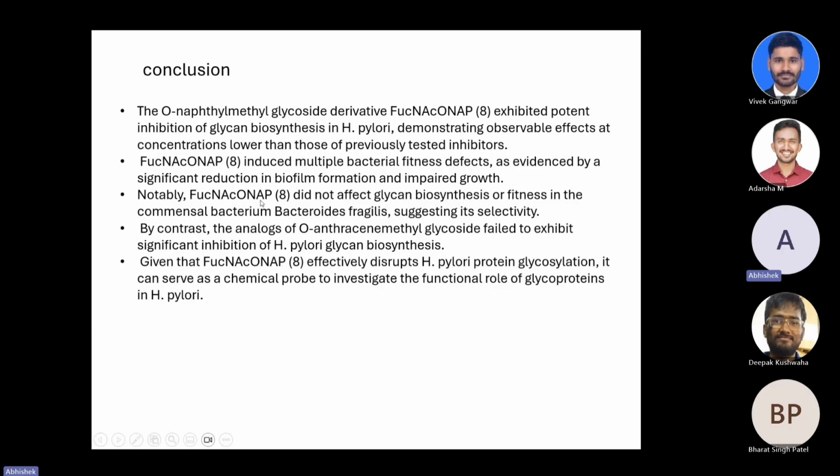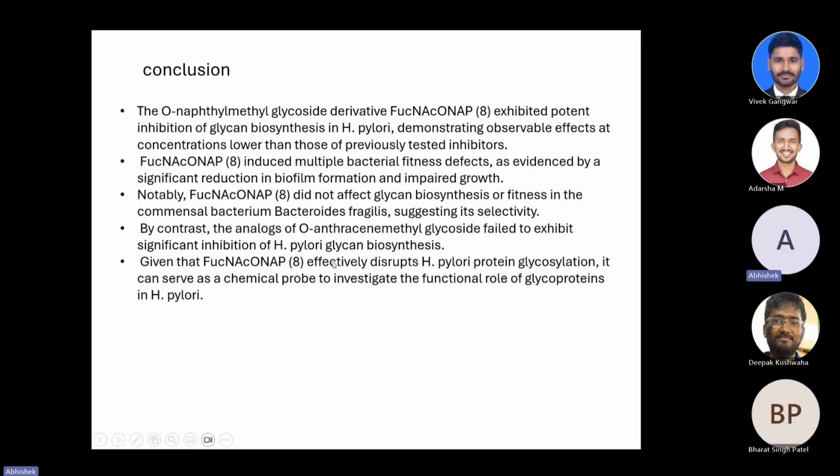Notably, this FUC NAC O-Naphthyl did not affect the glycan biosynthesis or fitness in the commensal bacterium Bacteroides fragilis, suggesting its selectivity. By contrast, the analogous O-Anthracenemethyl glycoside failed to exhibit a significant inhibition of H. pylori glycan biosynthesis.